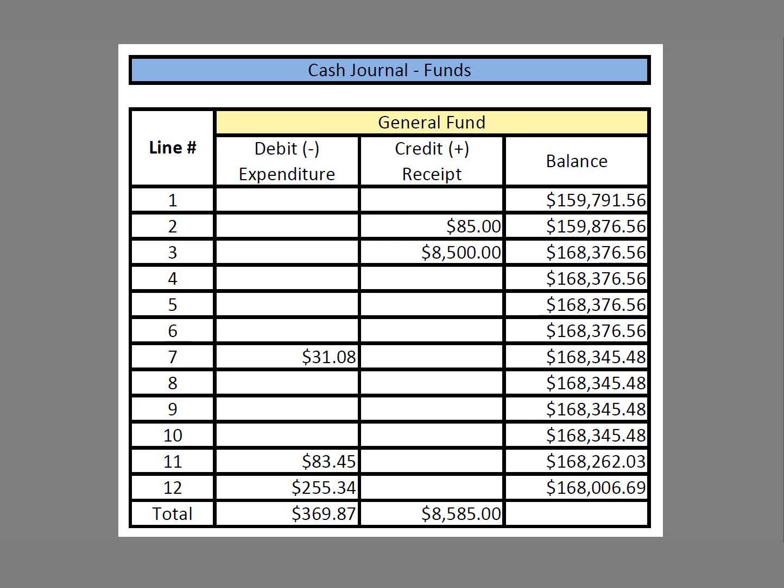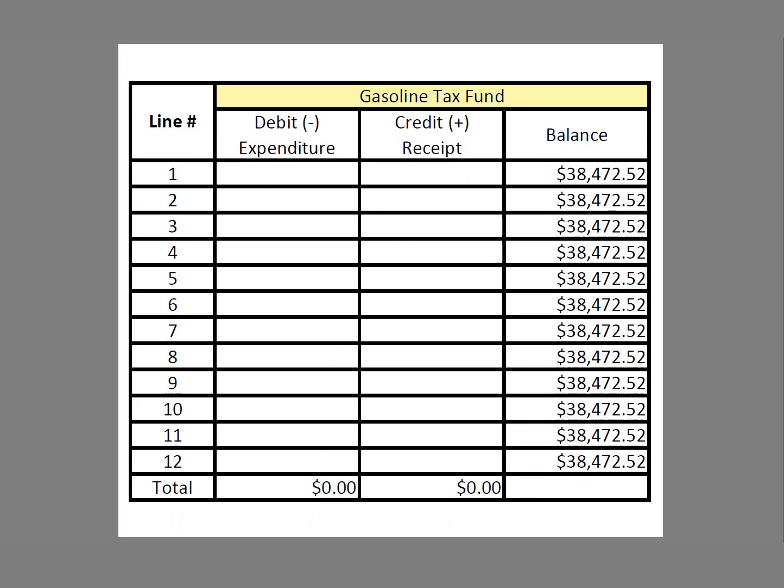The fund balance is reduced only by the entries posted to the fund. The gasoline tax fund had no receipt or expenditure postings on this page, so its balance is unchanged. The road and bridge fund receives postings from lines 8 and 10 of the cash journal cash side. The fund balance is reduced only by the entries posted to the fund.